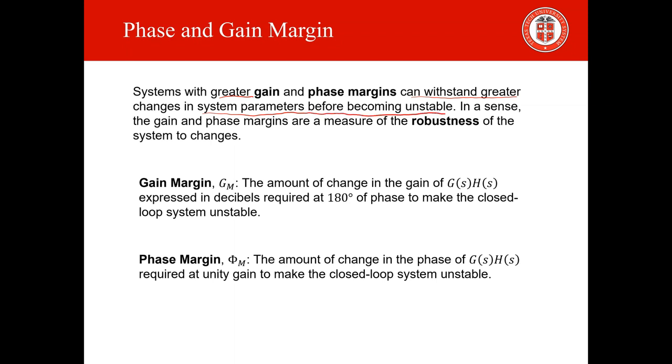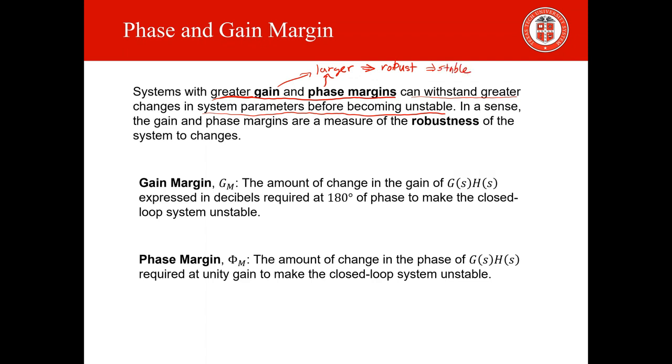So in a sense, if it has a larger gain and phase margin, that means it's more robust, meaning that you can perturb the system or change the parameters slightly and it's still going to be stable.